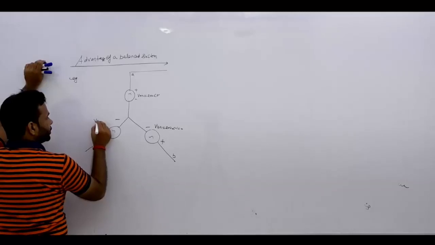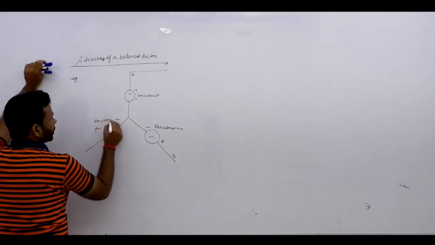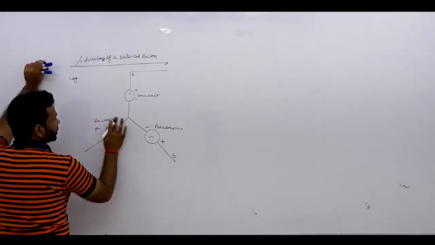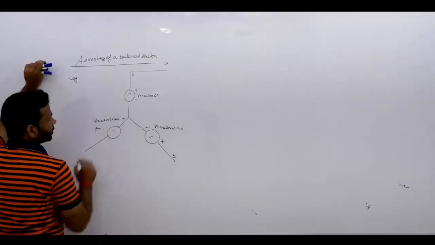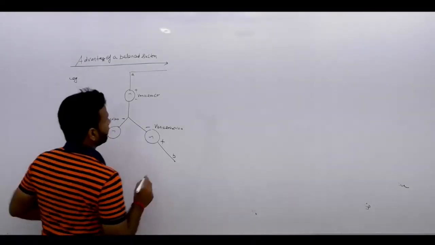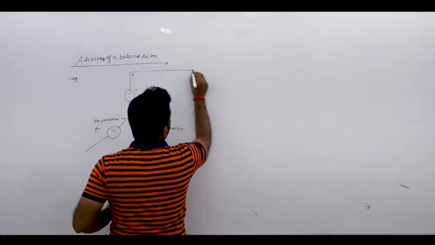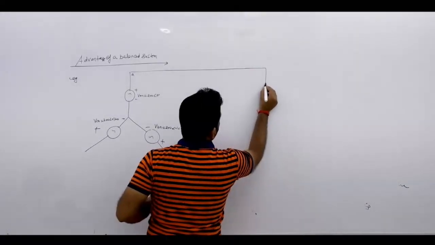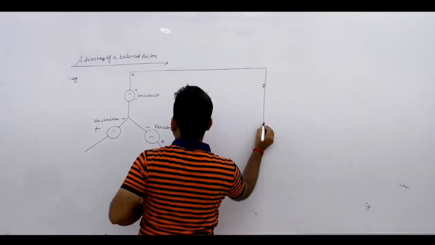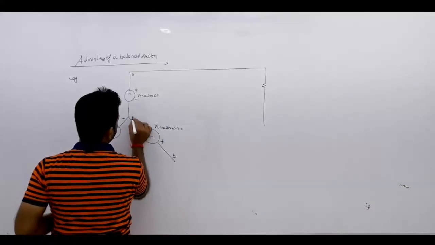And this is VCN equals 200 angle plus 120 degree. Now I am also having this three-phase balanced load.